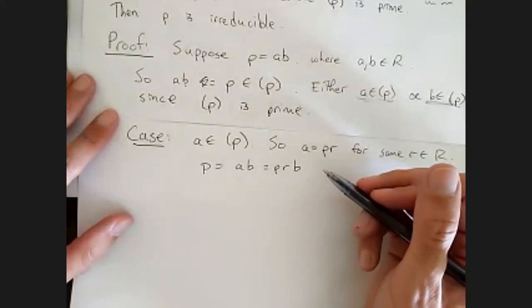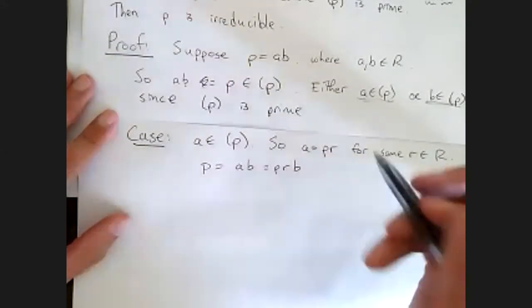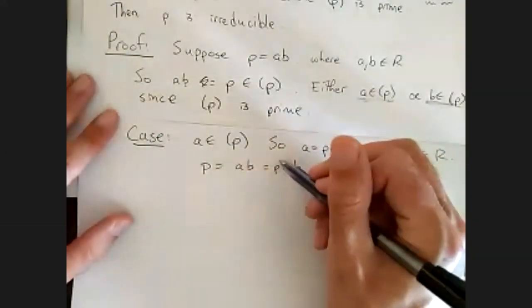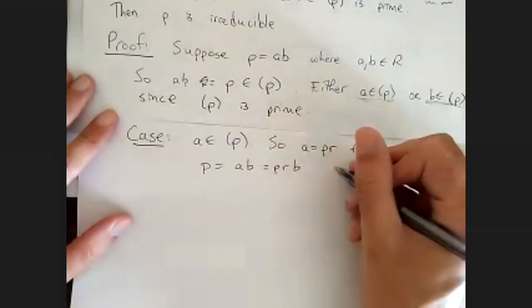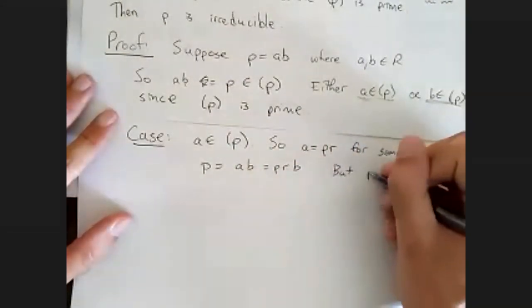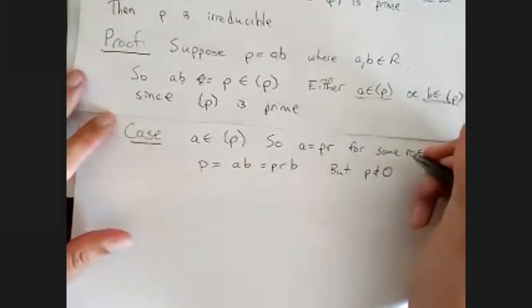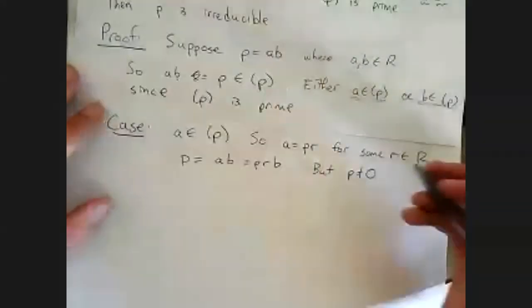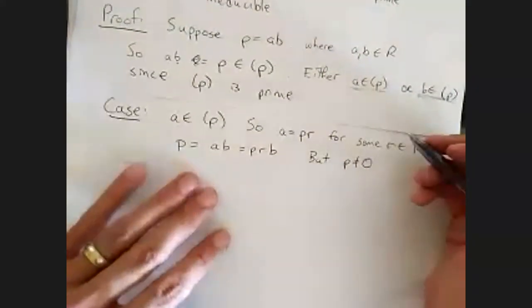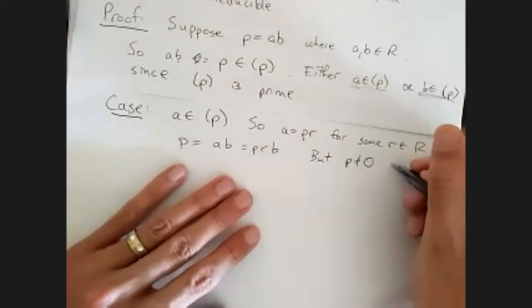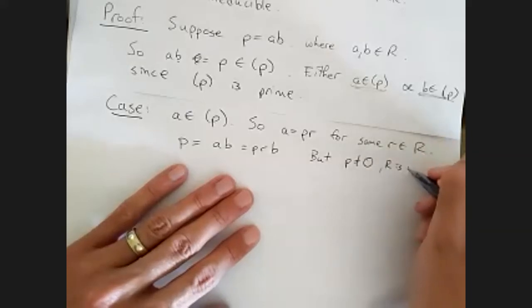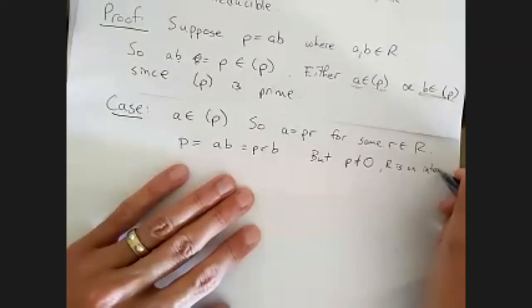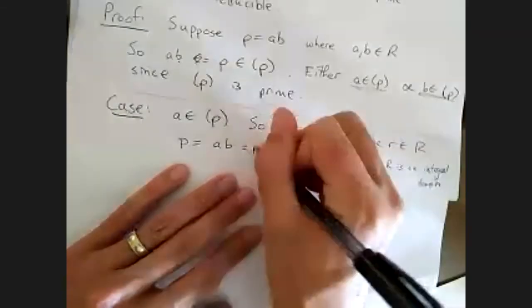Now I remember that I'm in an integral domain, and in an integral domain, I have the cancellation law. But P is not equal to 0. That's one of my hypotheses. And R is an integral domain, which means I can cancel. So I cancel the P's.